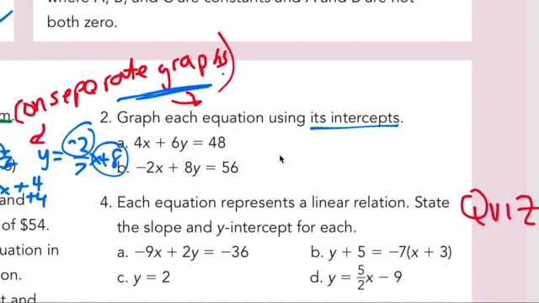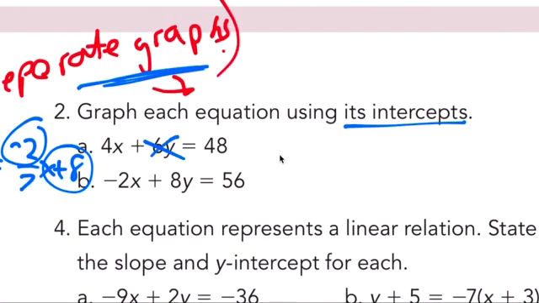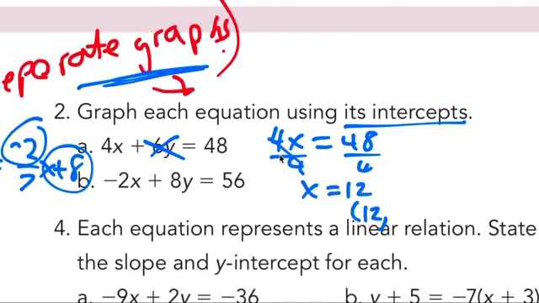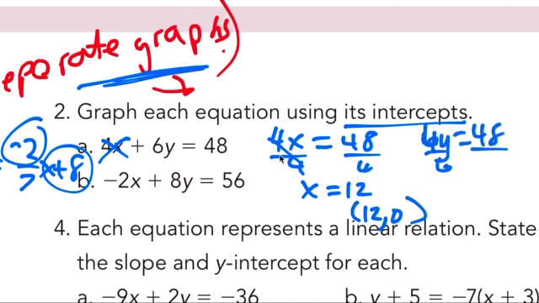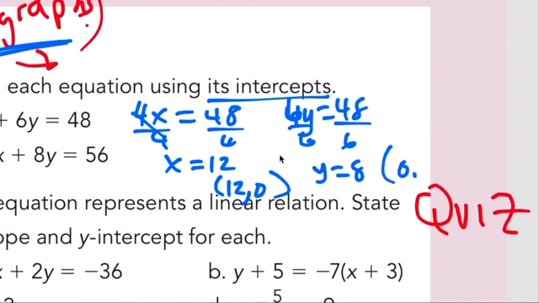Using its intercept, so find using the cover method, finding 4x equals 48, and finding x that way, x equals 12, or 12, 0. And cover the x, find the y, 6y equals 48, divide by 6 is 8. And you got 0, 8 there.